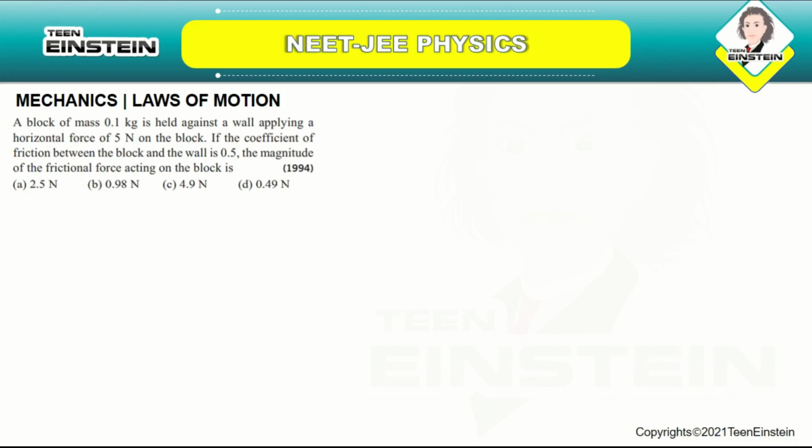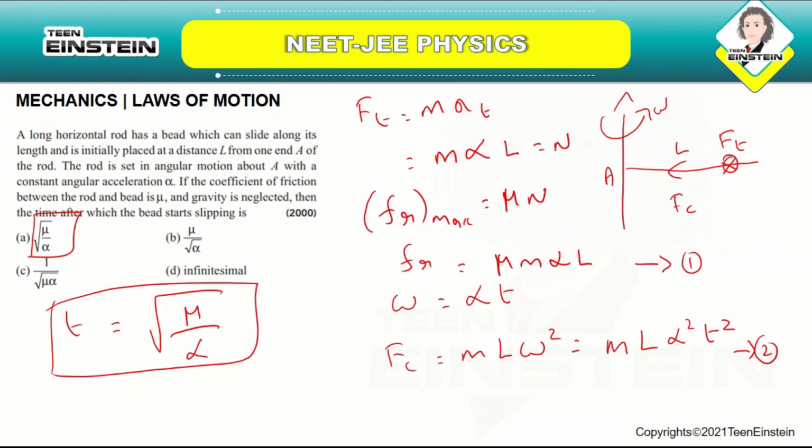So here you can draw the diagram for the block like this. You will be having it like this on the wall, and this is 5 Newton, and this will be W, which is equal to 0.98 Newton, and this is N, and here you will be having the F value.